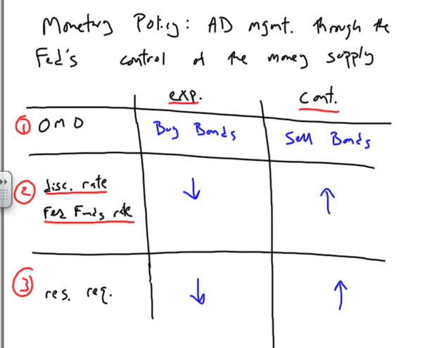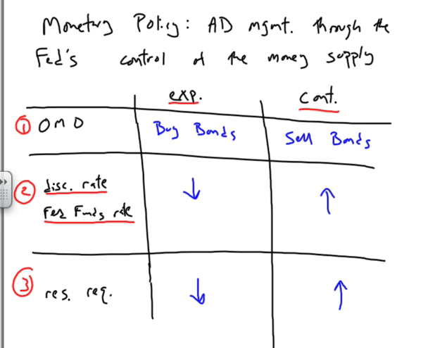contractionary. It's also a point to note that these are listed here in order, starting at the OMO and down, where the OMO is the most frequently used piece of monetary policy. Next is that open market operations happen daily.